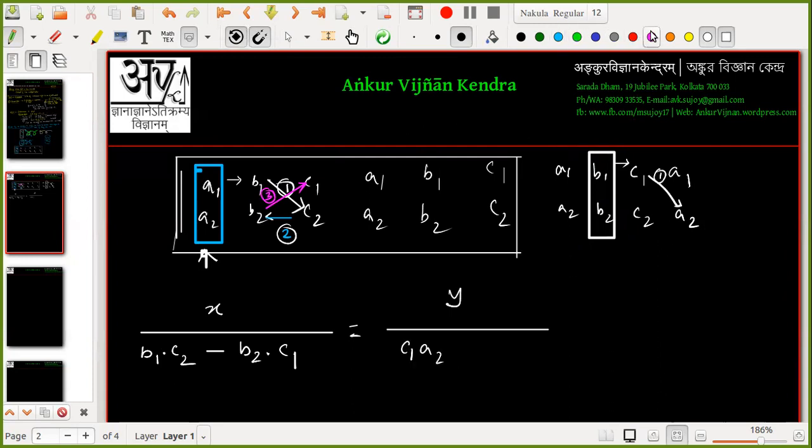Then you come back, you are going to roll over. So this was the second step. The second step is basically represented by this minus sign. Then with the pink color, just as we have shown for the first case, you are taking the step forward. So this is now c2 into a1. Over here we have this c2. So c2 into a1.